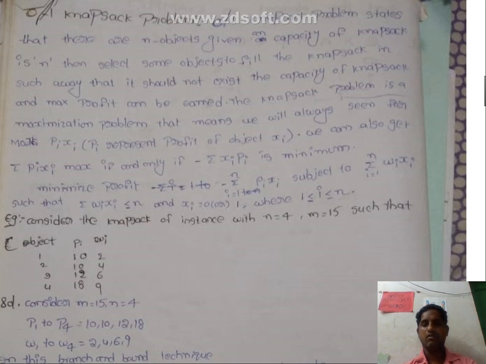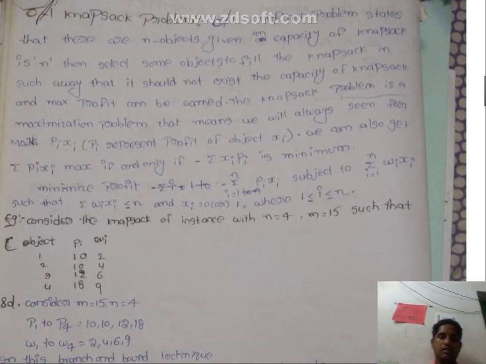That means we will always seek the maximum of pi xi, where pi represents the profit of a particular object. We can also get maximum sigma pi xi if and only if minus sigma xi pi is minimum. So we can get the minimized profit, subject to sigma wi xi less than or equal to m and xi equal to 0 or 1, where 1 less than or equal to i less than or equal to n.